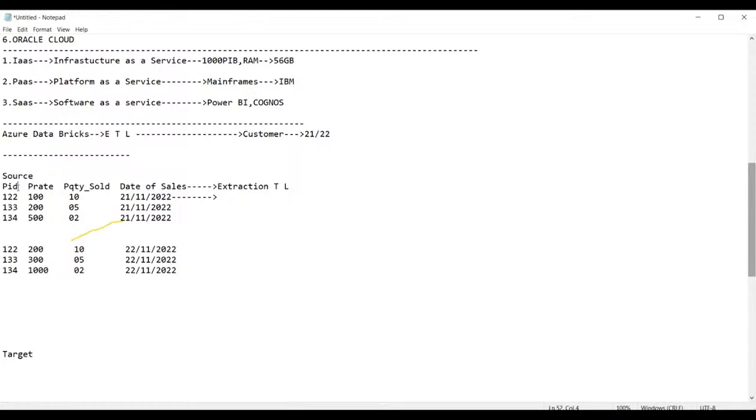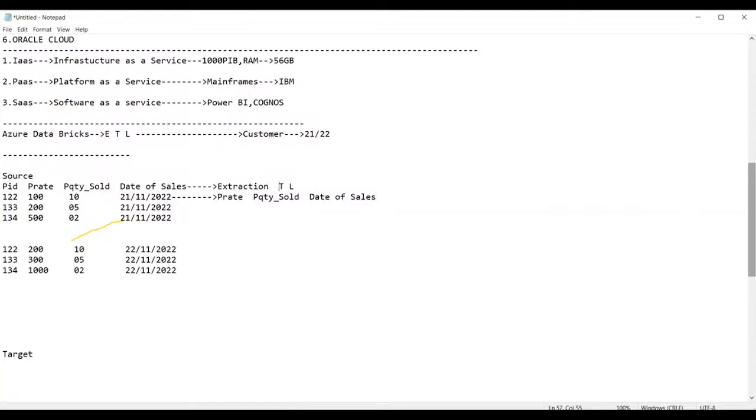Not required. Do you require the product rate? Required. Quantity sold? Required. Date of sales? Required. So now I'm picking up these 3 columns. Picking up these 3 columns is the process of extraction.